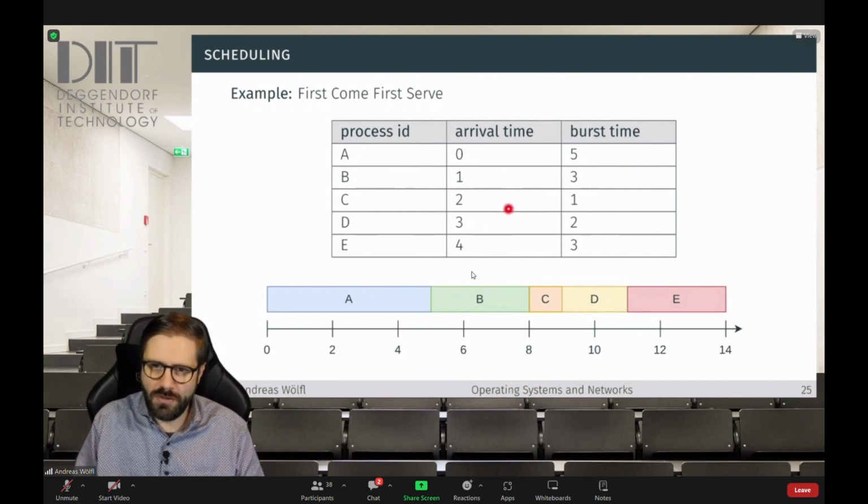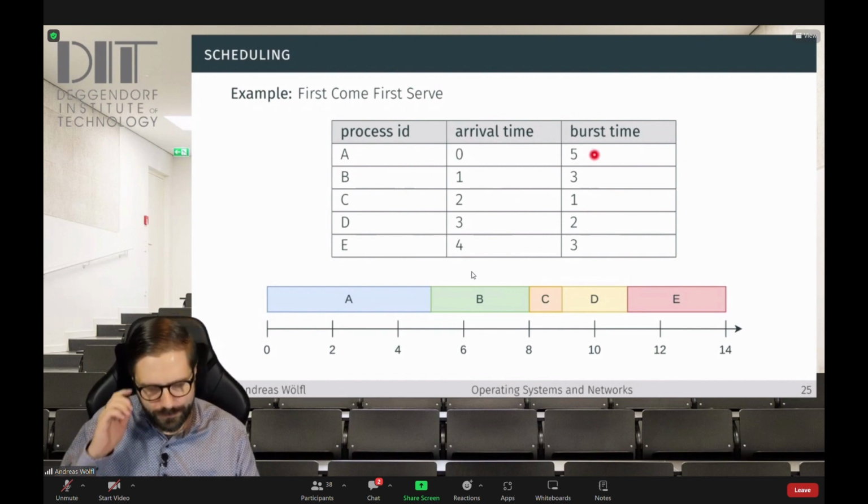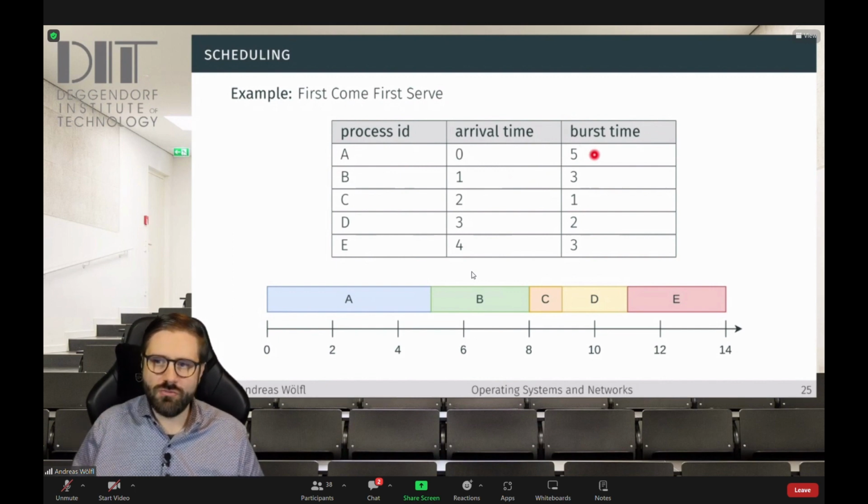So when it's loaded into memory and in theory can be transitioned to running. This is the arrival time. And the burst time is the time a process requires the CPU. So process A requires 5 time units to complete. The burst time is the number of time units a process requires to complete.